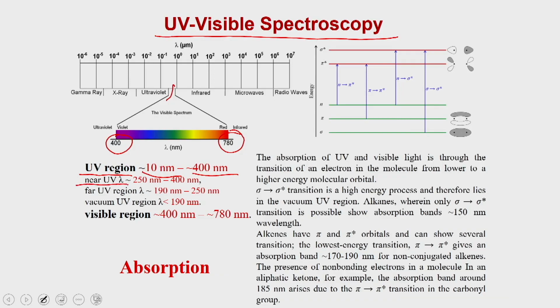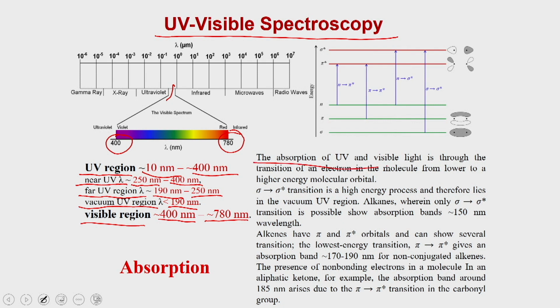One is near UV, from 250 to 400 nanometers. Then you have far UV, from 190 to 250 nanometers, and then the vacuum UV, which is less than 190 nanometers, whereas the visible range is from 400 to 780 nanometers.